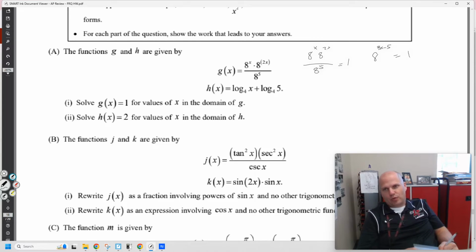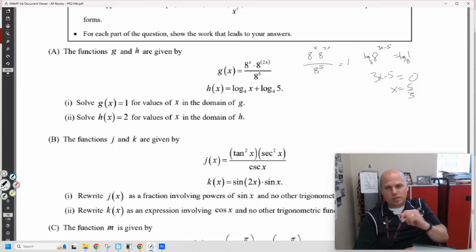Now, that's when 3x minus 5 equals 0. You could take the log base 8 of both sides. However, you're expected to know that 8 to the 0 power is 1. You're expected to know log base 8 of 1 is 0. So x equals 5/3.